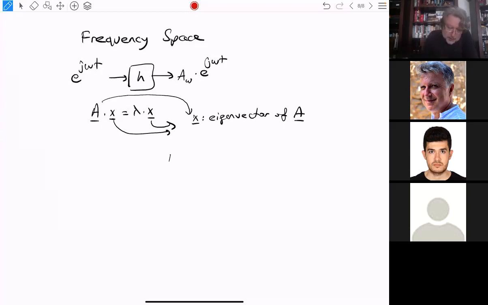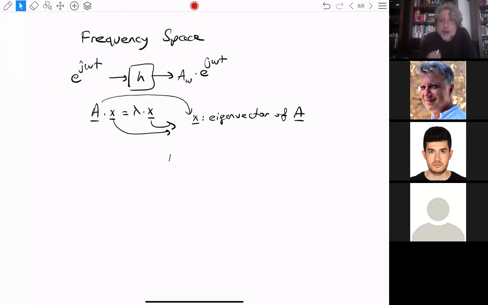And when you look at this, what you really see is that complex exponential e to the j omega t, which is a sinusoid, by the way, right? It consists of a cosine and an imaginary sine term. So they are actually sinusoids. Complex sinusoids in general, it may be real sinusoids.